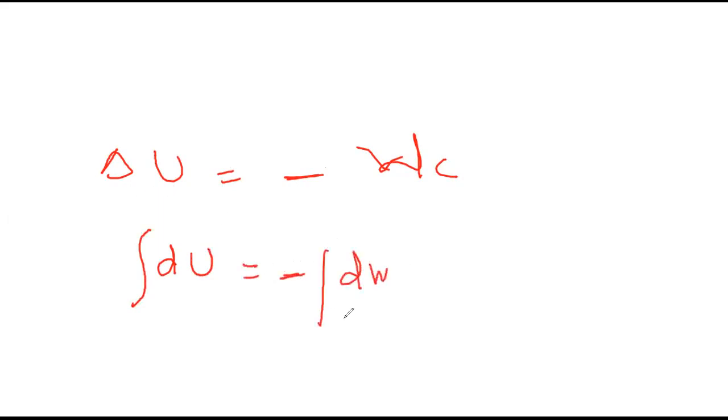Delta U we got is minus of work done by the conservative force. So that means the integration of small changes is the total change, minus small work done on both sides. U final minus U initial, the addition of small changes is the total change, is minus of conservative force into displacement.